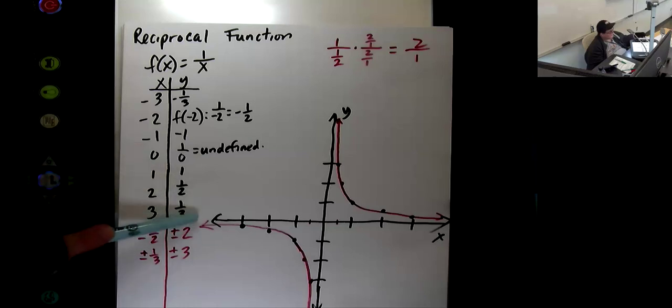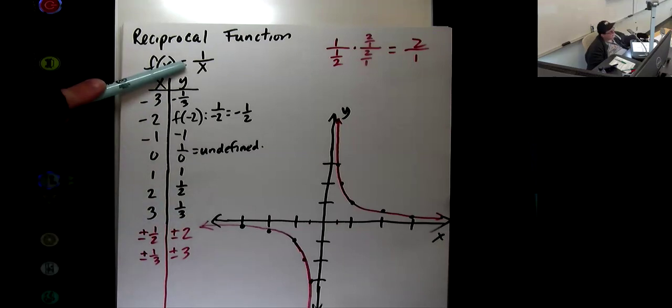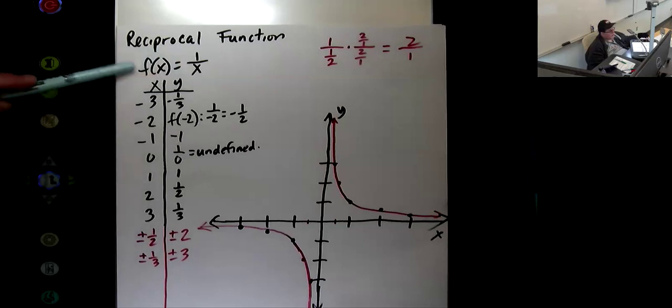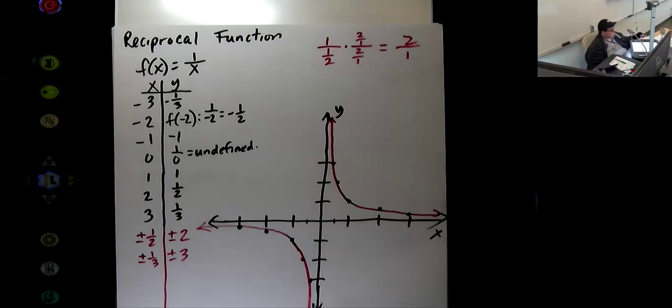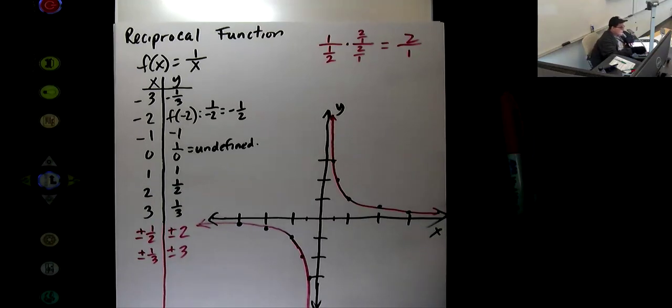But there's no real way to get a y equals 0 here, is there? No, I would need a 0 on top, and I have a 1 on top. There's no way to get a 0 on top. So there's no y value here that's equal to 0. So that's the graph of the reciprocal function.